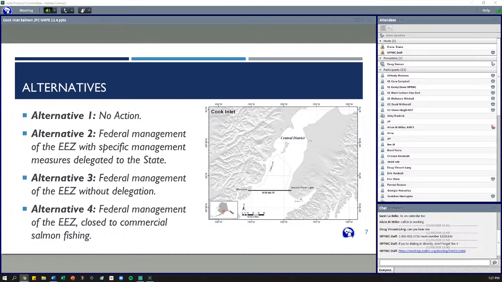The second alternative under consideration would be federal management of the Cook Inlet EEZ with specific management measures delegated to the state of Alaska. So this would be a management arrangement that is conceptually similar to both the crab FMP and the scallop FMP, where the state does much of the on-the-ground management of the fisheries, and the council and NMFS serve more in the review and oversight capacity.